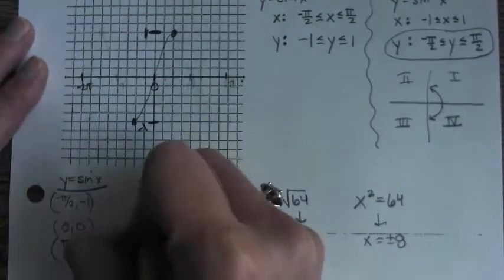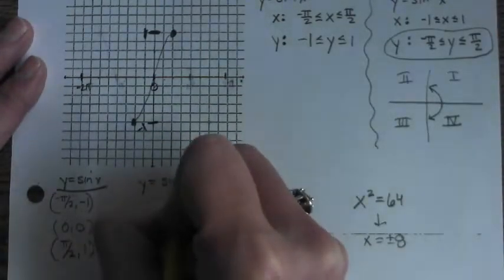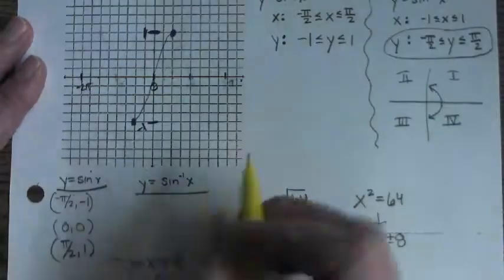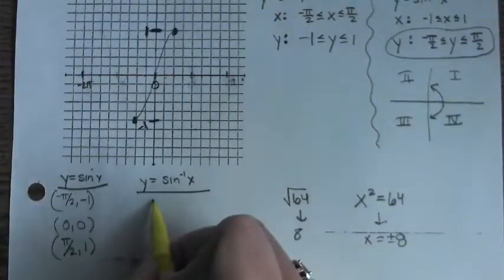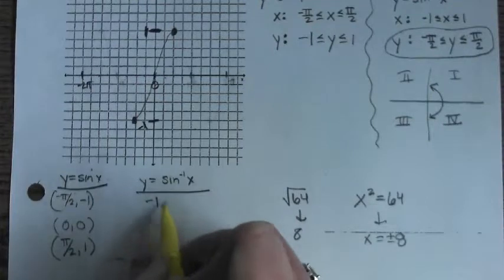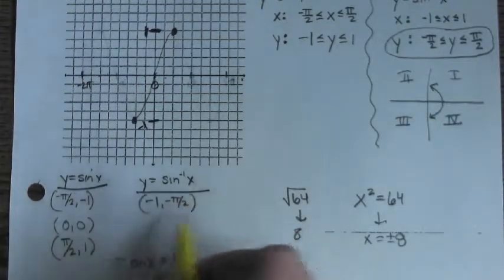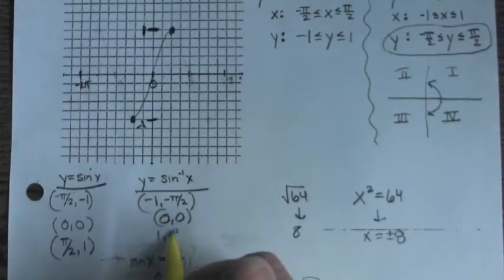So when we are graphing the inverse function, what are our critical points? Negative 1, negative pi over 2. Yep. 0, 0. 1, pi over 2.